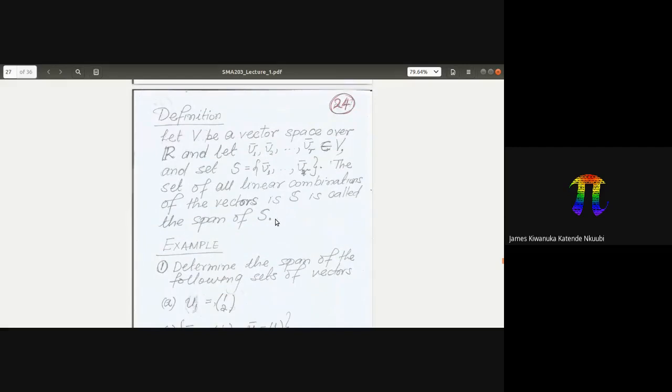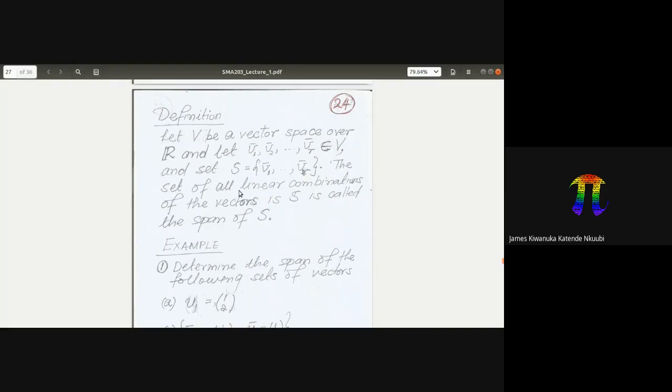So here is a definition. Let V be a vector space over R, and let v1, v2, up to vr be vectors in V. We set the set S to contain just these vectors, v1 up to vr.